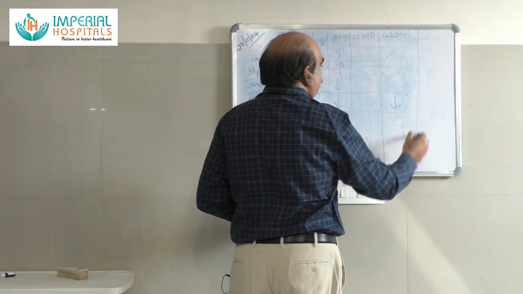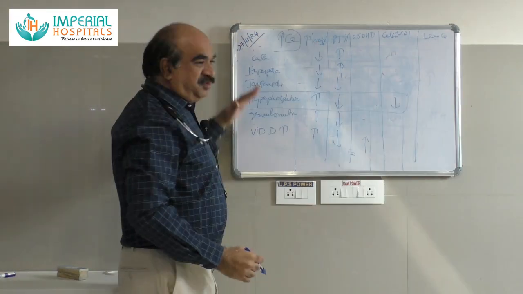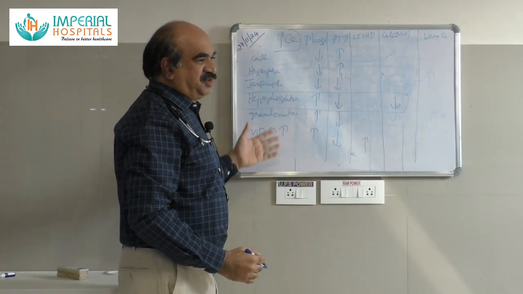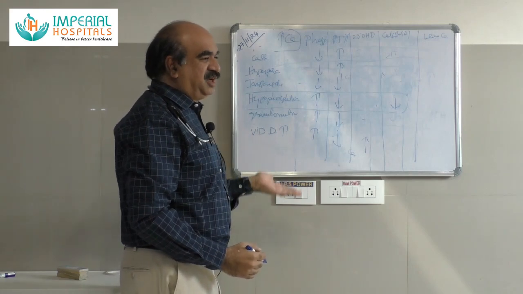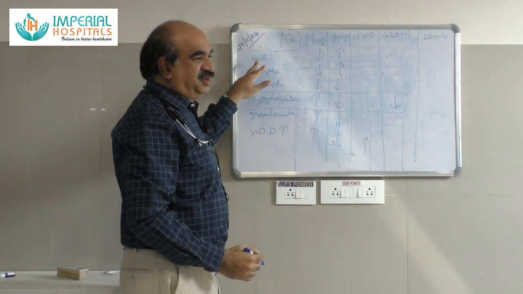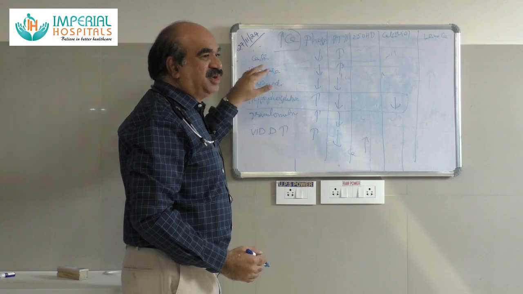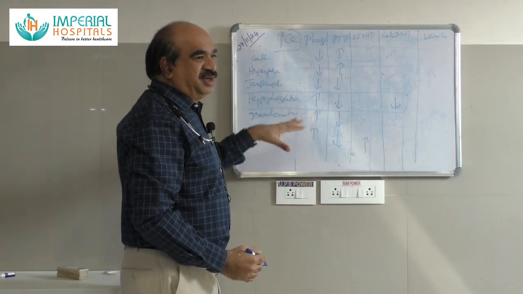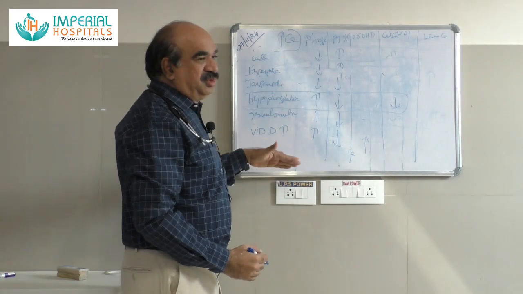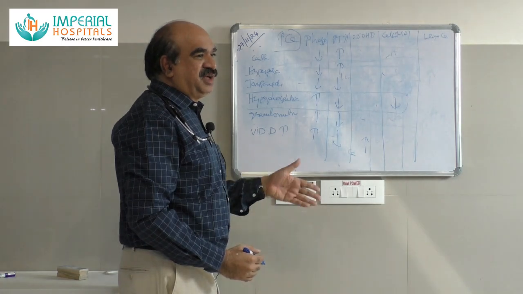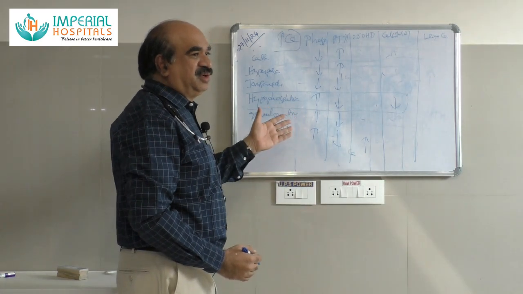Coming to urine calcium. So if there is hypercalcemia, in most of the cases there will be increase in urine calcium except with CASR mutation, CASR defect. Because of CASR action in the renal tubule, there will be decreased excretion of calcium. That is the mechanism for hypercalcemia.